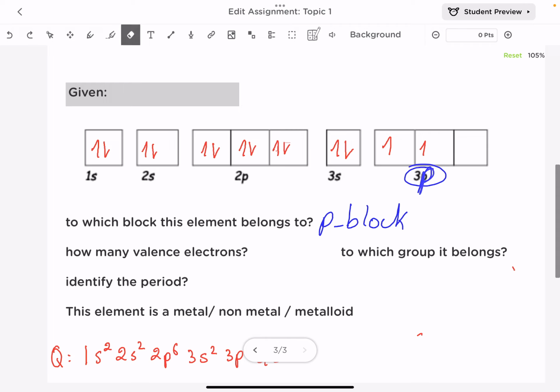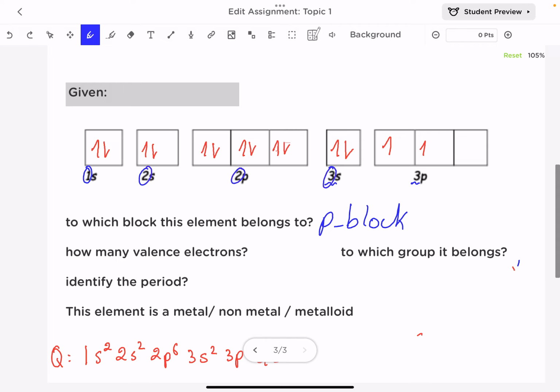How many valence electrons do we have? For determining the valence electrons, you can either count how many electrons we have and then go to the periodic table to identify which element this is and in which group, or you can simply look at the highest level reached. And the highest level reached here is 3. Note that these numbers show the level filled with electrons.